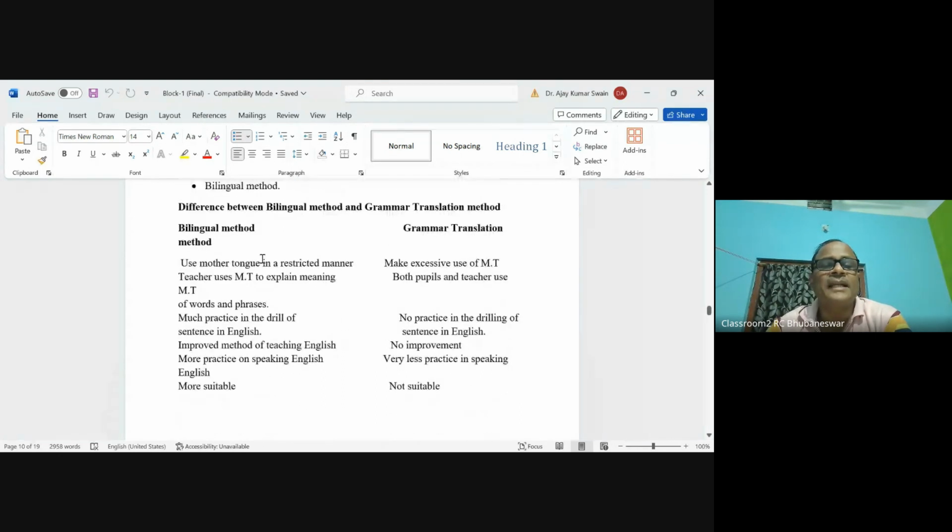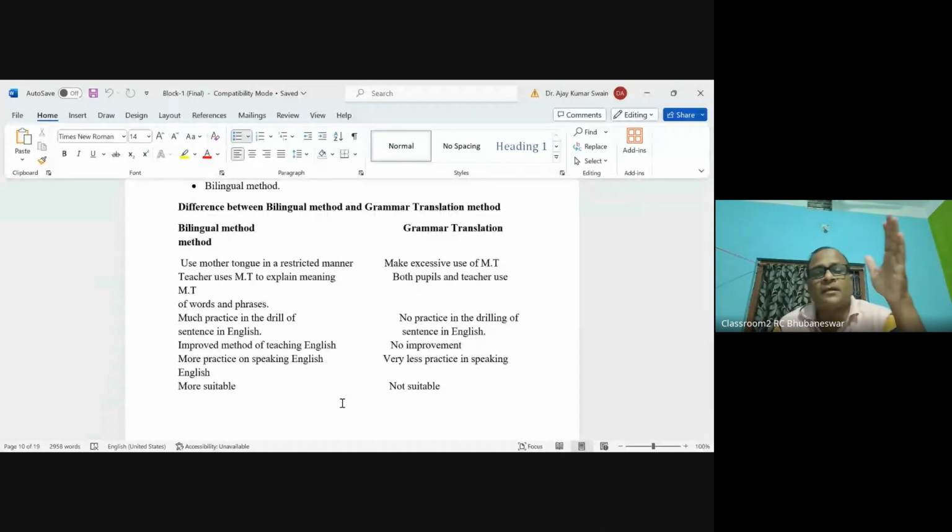This is here, and a difference between bilingual method and grammar translation method is very important. You have to understand it. Difference between bilingual method and grammar translation method. Under bilingual method, use of mother tongue is in a restricted manner.